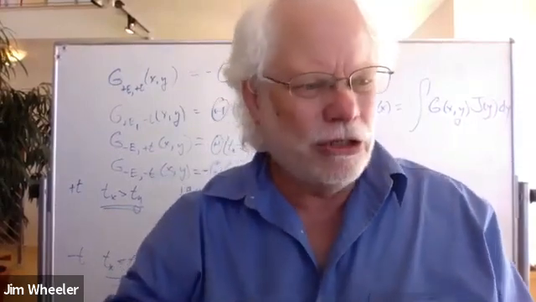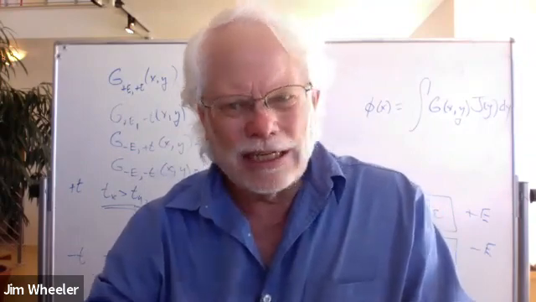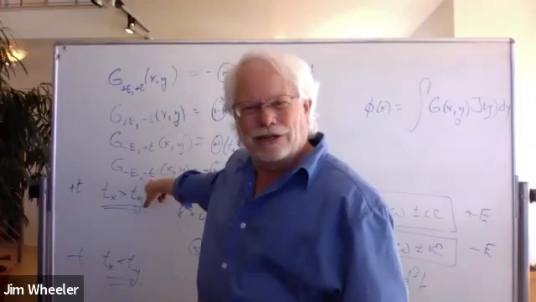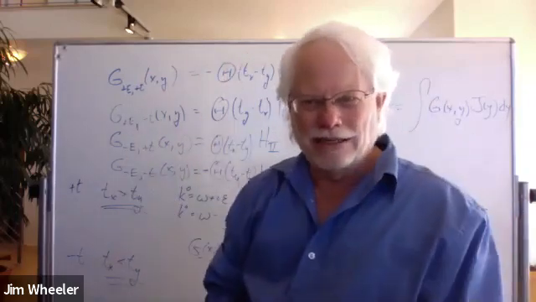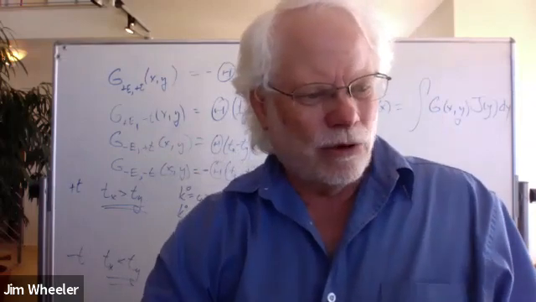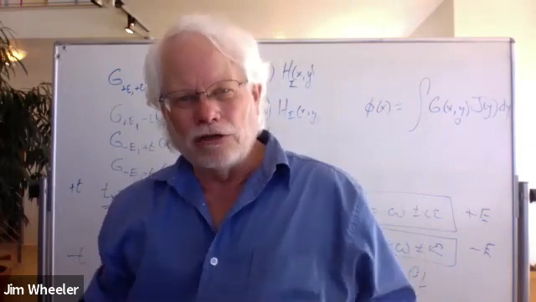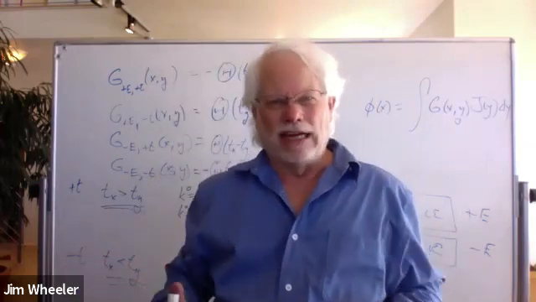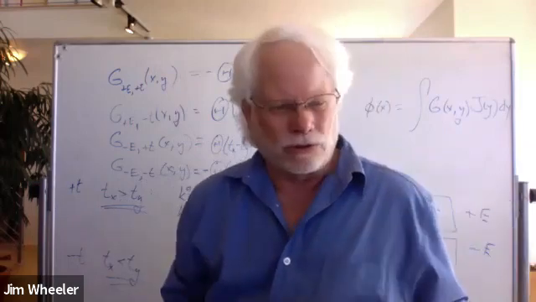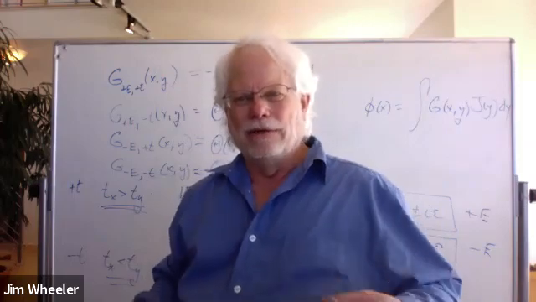So by choosing a different pair of Green functions, by choosing the plus-plus with the minus-minus Green function as the way to solve the equation with a source, they were able to interpret the negative energy solutions that invariably arise in quantum field theory as antiparticles, as particles with the opposite properties.